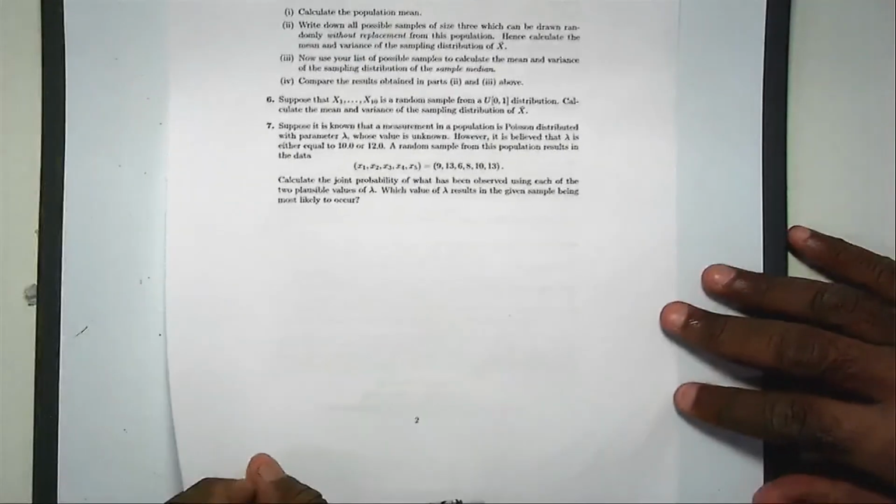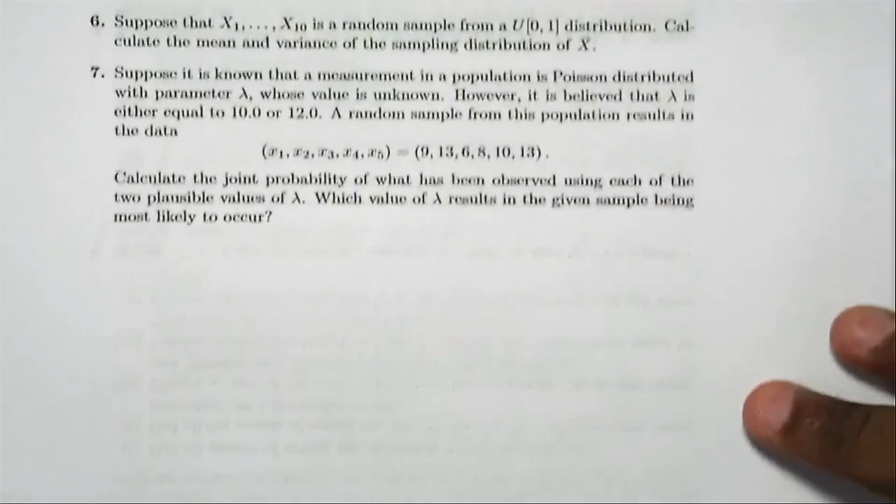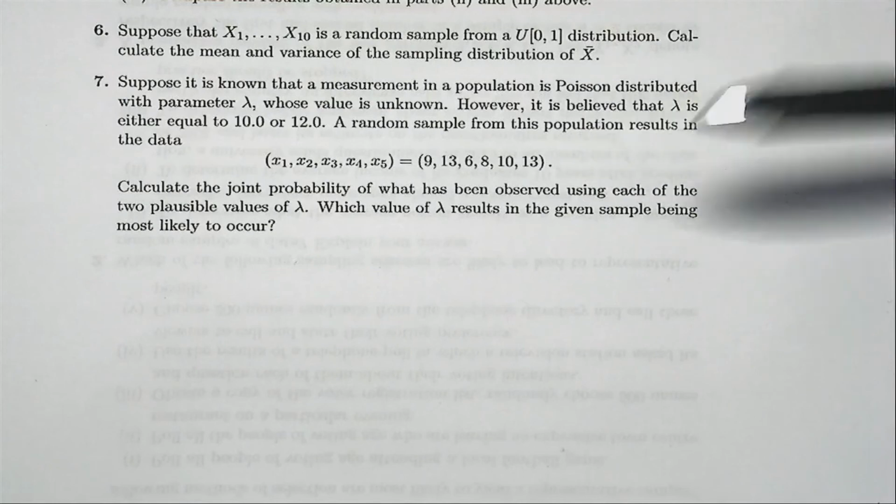The next question, the final one, is question 7. Here you have a Poisson distribution with parameter lambda, and the value of lambda is unknown, but it's known to be either equal to 10 or 12. You have a random sample from a population, which is this.